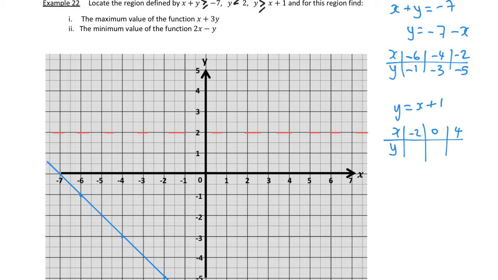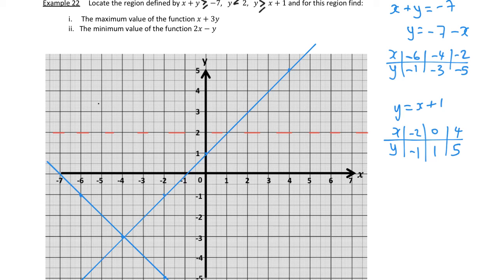So y is -2 plus 1, which is -1. It's 0 plus 1, so 1, or 4 plus 1 is 5. So we've got coordinates of (-2, -1), (0, 1), and (4, 5). And we can join those up, and again this is going to be a solid line because it's a less than or equal to graph.